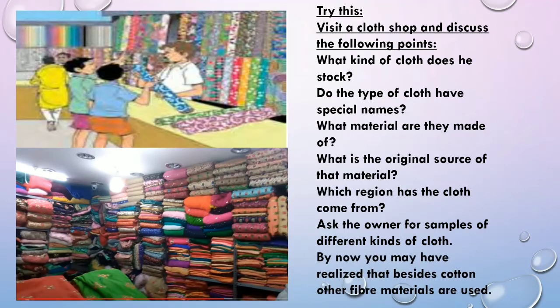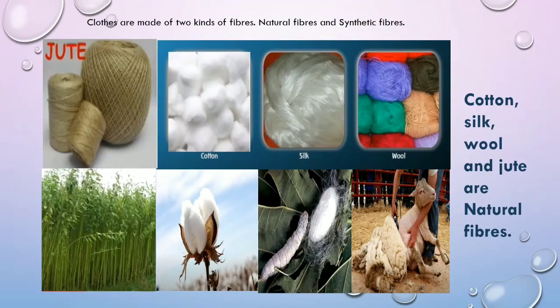By now, you may have realized that besides cotton, other fiber materials are used. So, which are the other types of fiber? Clothes are made of two kinds of fibers, natural fibers and synthetic fibers.